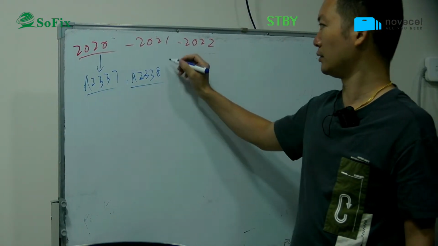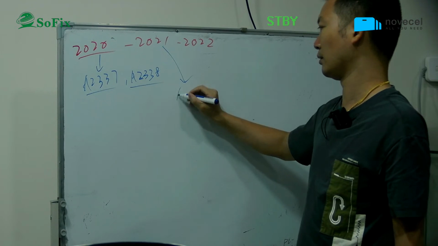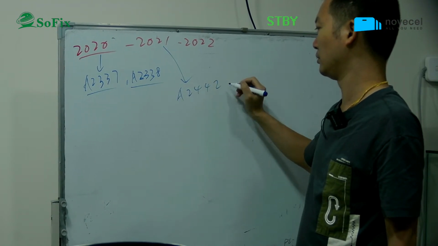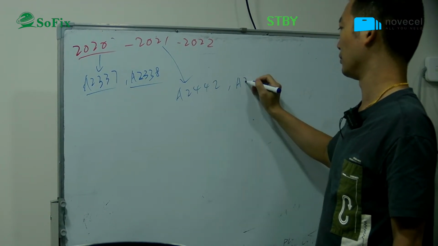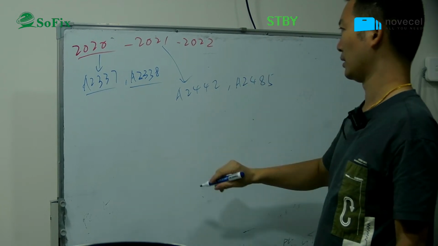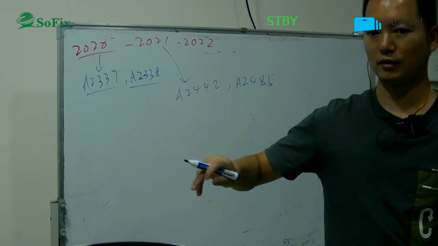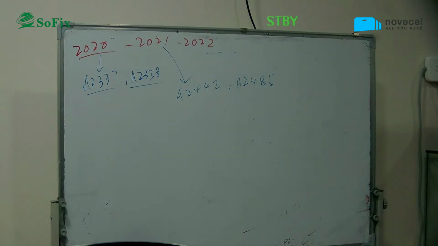There are also other models, like the A2485. The M1 Pro and the M1 Max also have the M1 and M2. So different motherboard, the problem is also different.